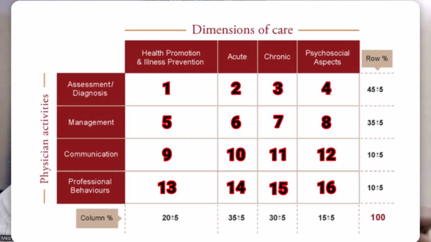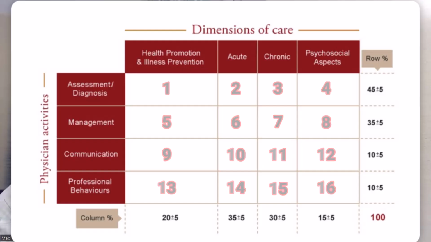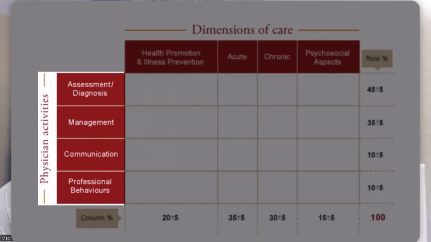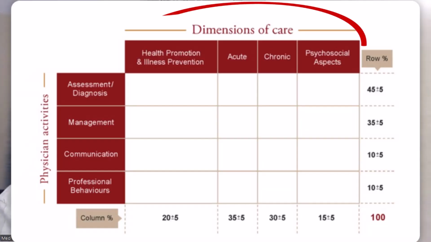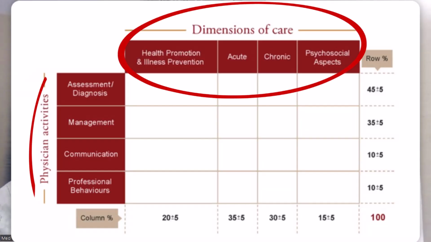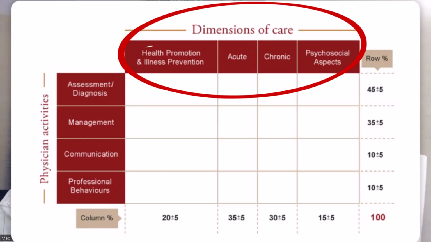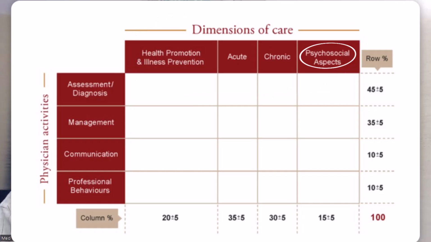But before we get to box 1, you realize that the whole exam is mapped as dimensions of care as well as physician activities. We have dimensions of care on the horizontal and physician activities on the vertical. Under the dimensions of care, we have health promotion and illness prevention, acute care, chronic care, and psychosocial aspects of care.